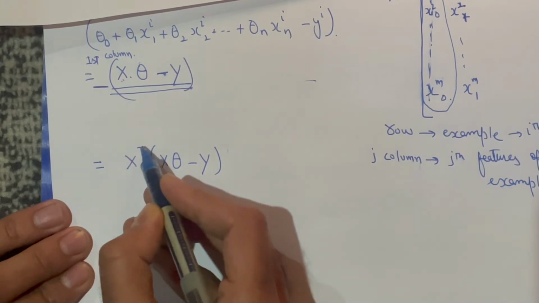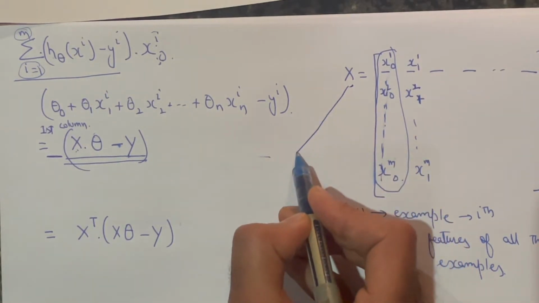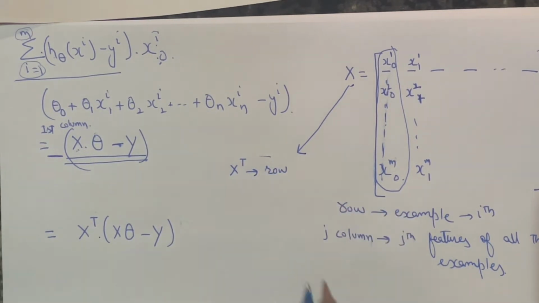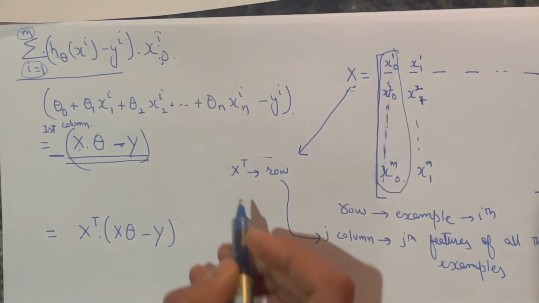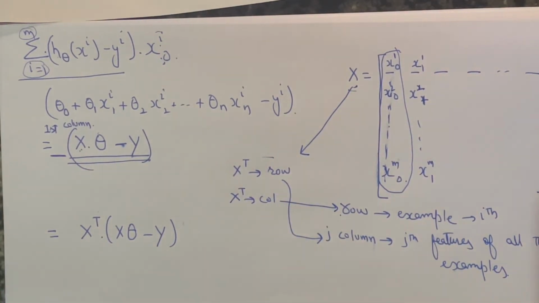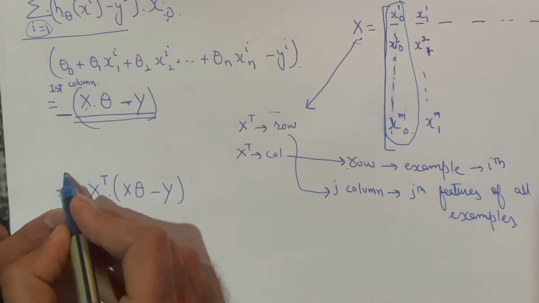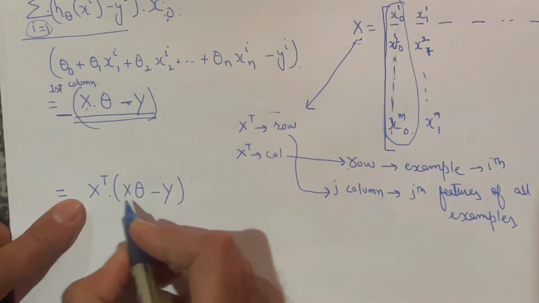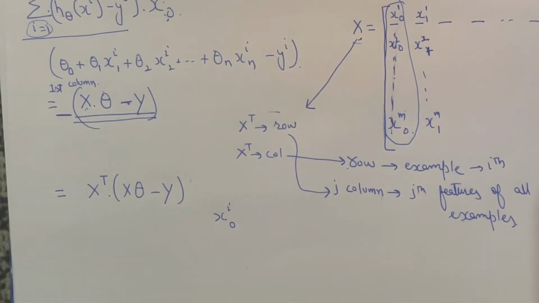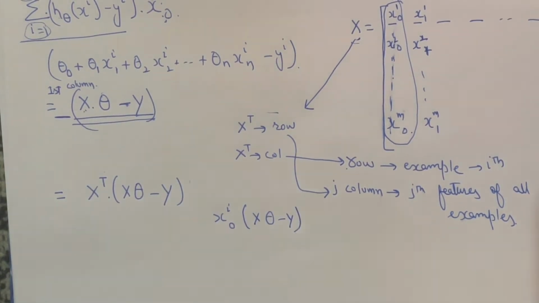So what is x transpose? X transpose will be the transpose of this. In x transpose, every row is a column of x and every column is a row of x. So if I am doing x transpose dot this, it will say take the first row. What is the first row? The first row is like this, xi0, and multiply it with x theta minus y.